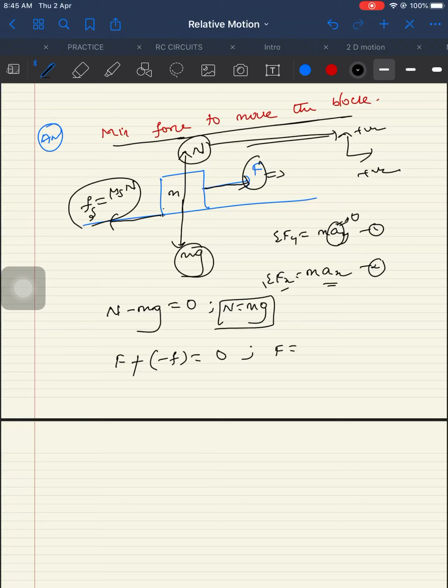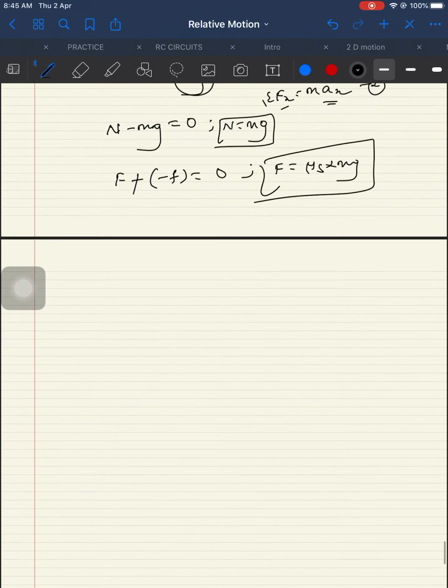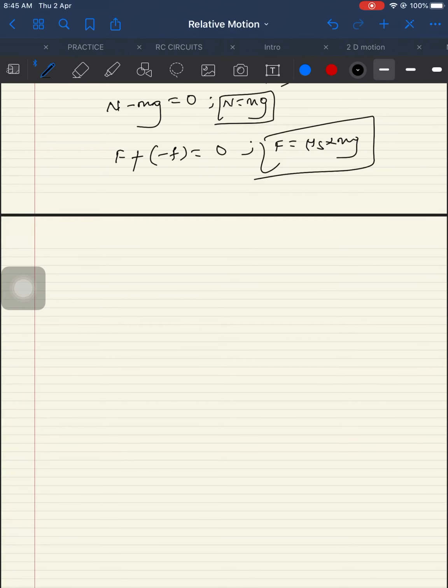So F is equal to small f, which is equal to mu s into N, which is mu s mg. Simple formula. So we got this much force is required to move the body. Now the question is, the body has started moving.